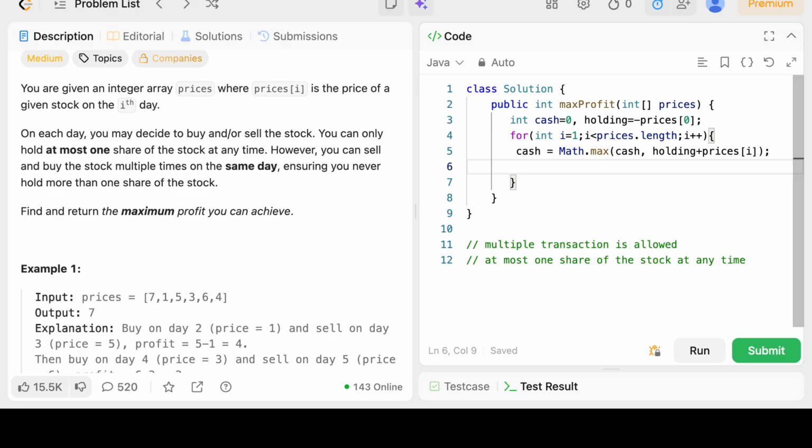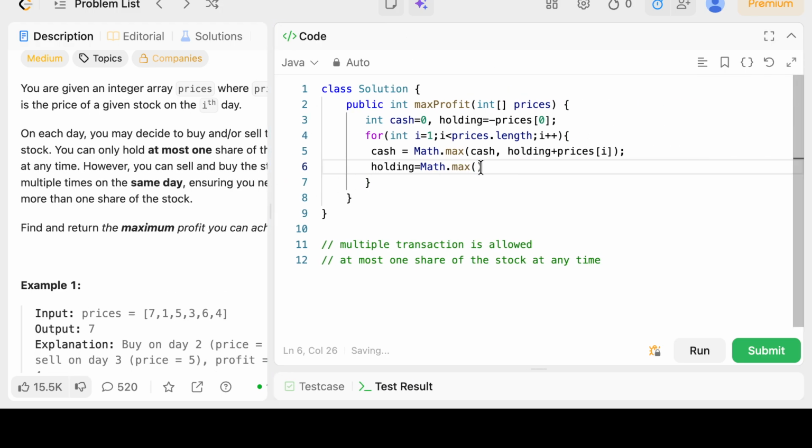And let me also maximize the holding, with Math.max. Suppose we are not selling, we are just holding it, meaning we are buying today also.